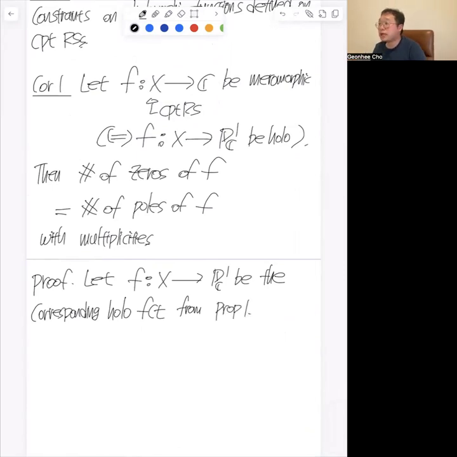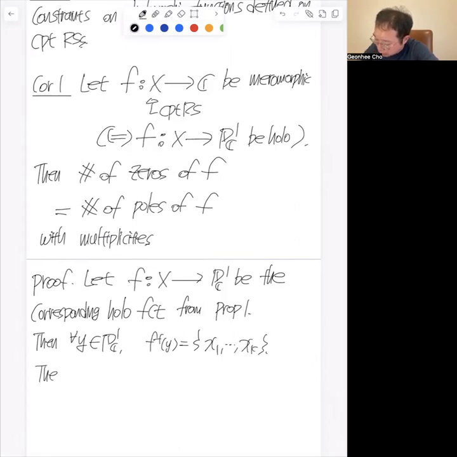Once we have this, we know that for each point, let me call it y, we look at the fiber. Let's write its points as x1 to xk.